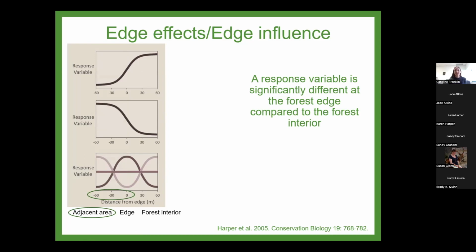And now, of course, there are limitations to this, because if we were sampling a response variable that didn't exist in a water body, for example, that wouldn't work. But it's just interesting because more studies are incorporating the adjacent area into their sampling and analyses.